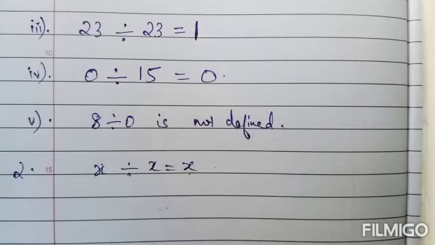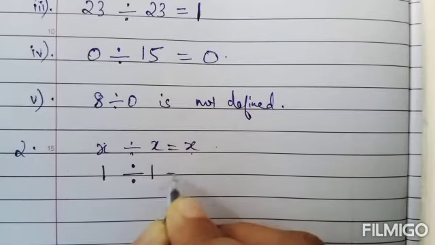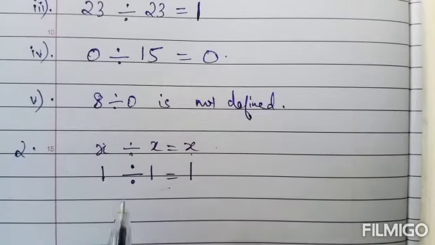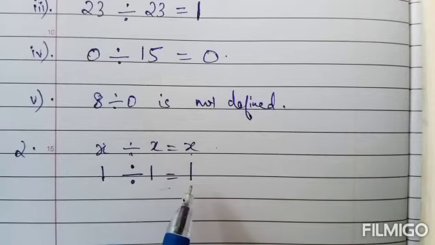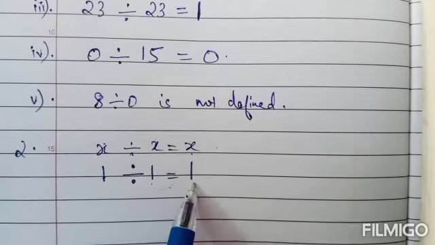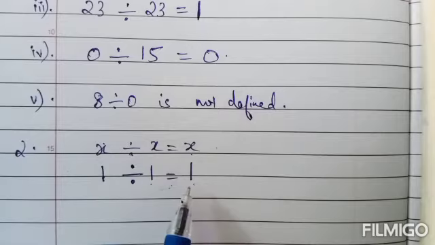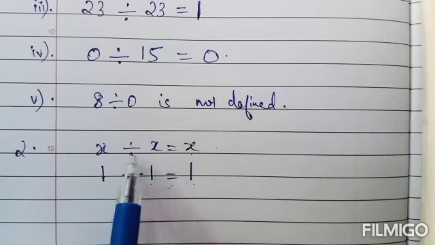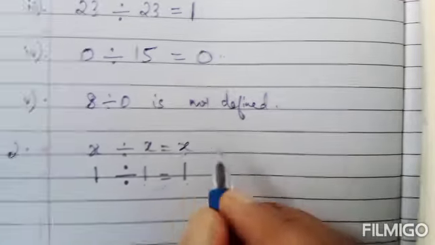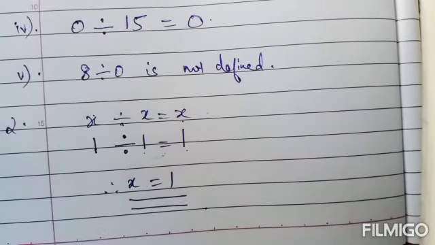We know that 1 divided by 1 is 1. So 1 is the only whole number such that 1 divided by 1 equals 1. No other whole number works like this. So x divided by x equals x; the value of x will be x equals 1.